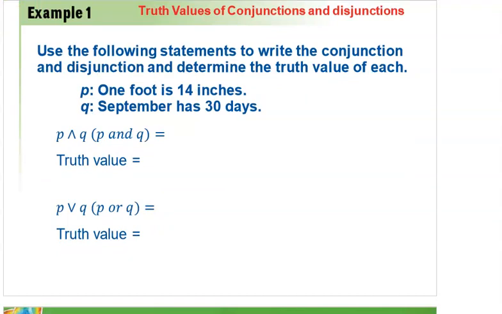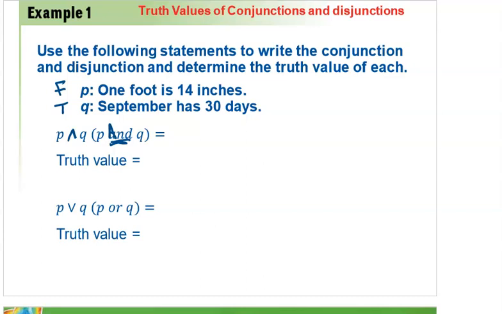The P statement is 1 foot is 14 inches. The Q statement is September has 30 days. So 1 foot is 14 inches. That would be false. September has 30 days. That will be true. This symbol goes with and, so I'll put a capital there. For and, both of these things have to be true.